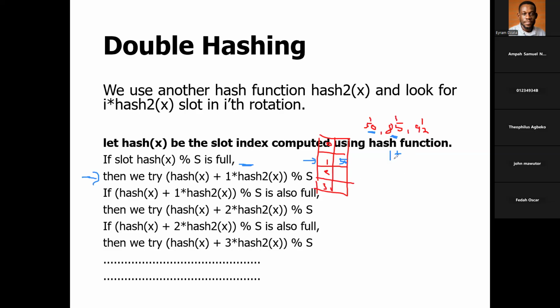So the double hashing is saying that we have hash x, which is 1, plus 1 times hash 2 of x.